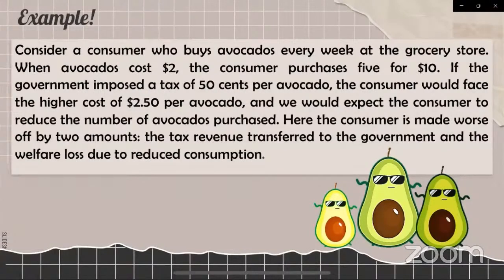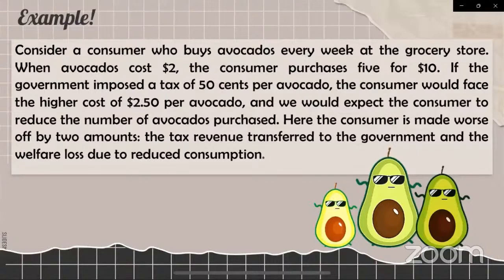If the government imposed a tax of 50 cents per avocado, the consumer would face the higher cost of $2.50 per avocado, and we would expect the consumer to reduce the number of avocados purchased. Here the consumer is made worse off by two amounts: the tax revenue transferred to the government and the welfare loss due to the reduced consumption.